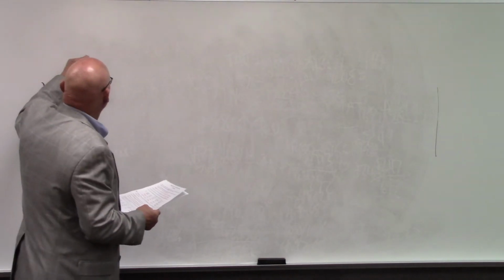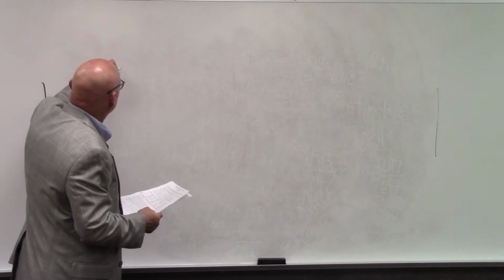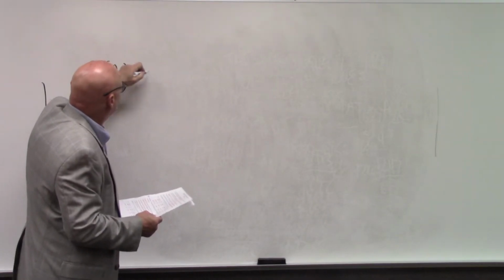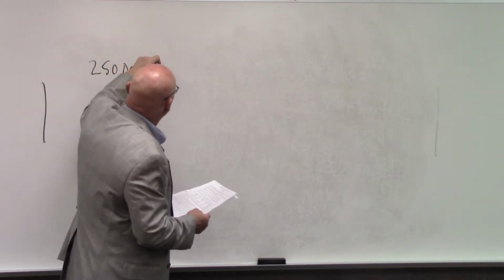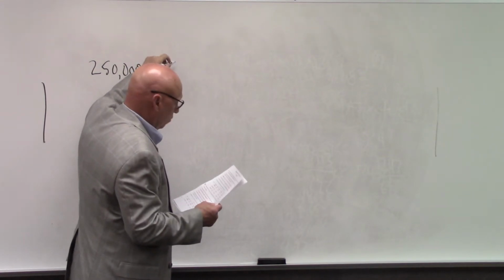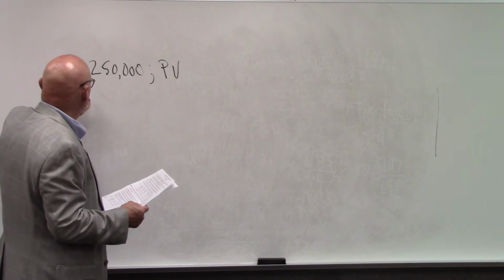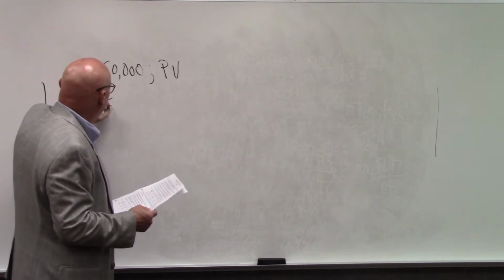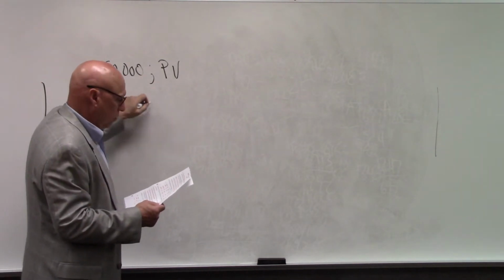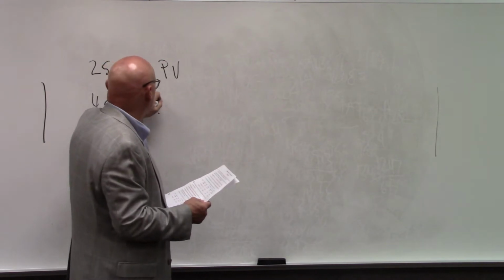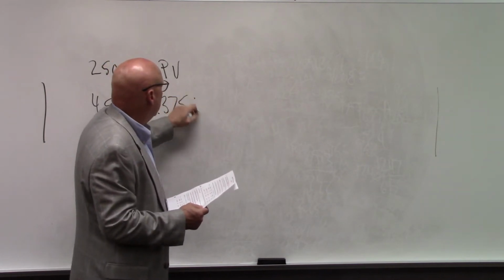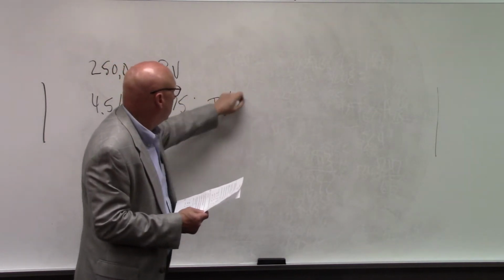So, $250,000 is the present value. That's how much the bank is going to loan you. And 4.5 divided by 12 is 0.375. That's your I/Y.